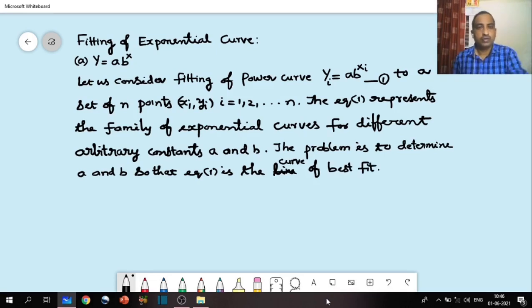Right? So it is a non-linear form, and we just convert it into linear form.